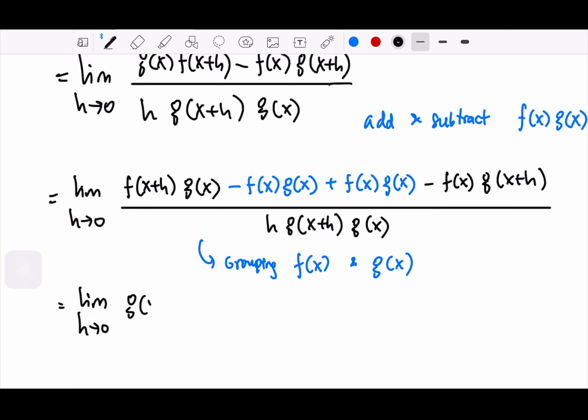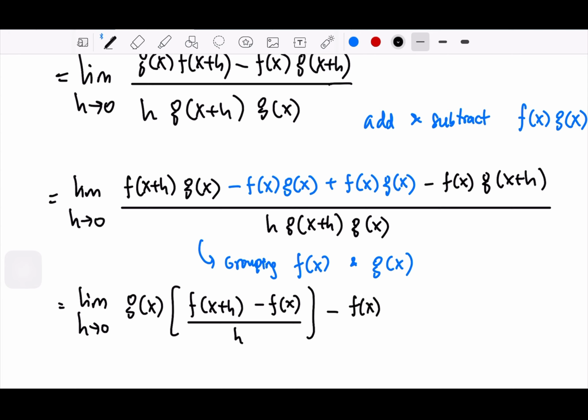So first we can group the g of x here, which is f of x plus h minus f of x, divided by h, and then minus f of x times g of x plus h minus g of x.